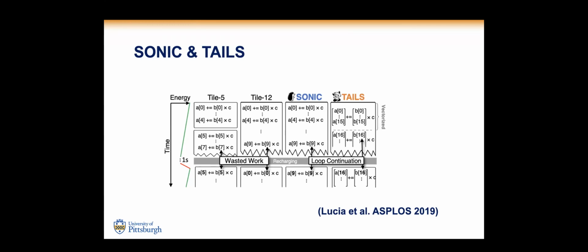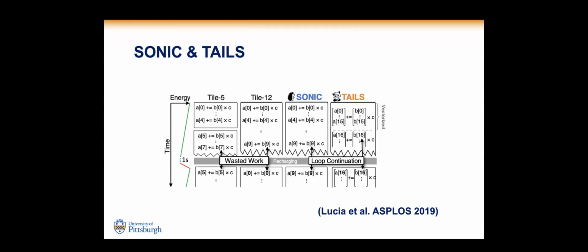We do not know how much energy we can get from the environment, and we don't know when the power will come back again. So it's very likely that, say, if we are interested in seeing a pedestrian walking by, by the time we finish the computation, the pedestrian may have already walked far away. So we can't really do anything about that.